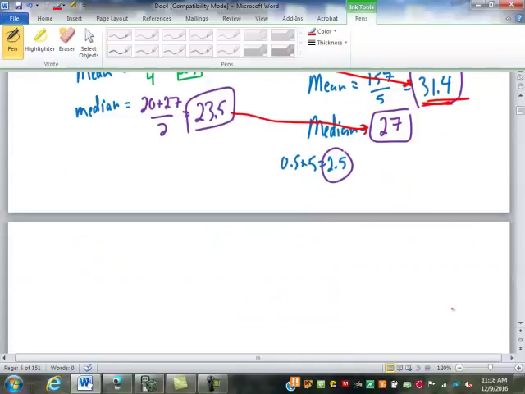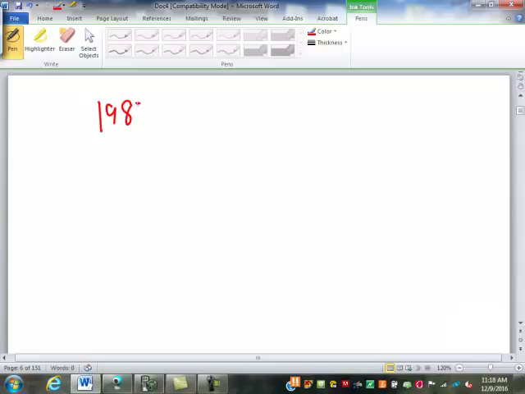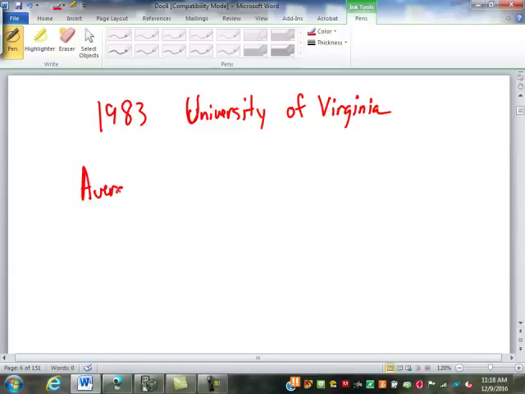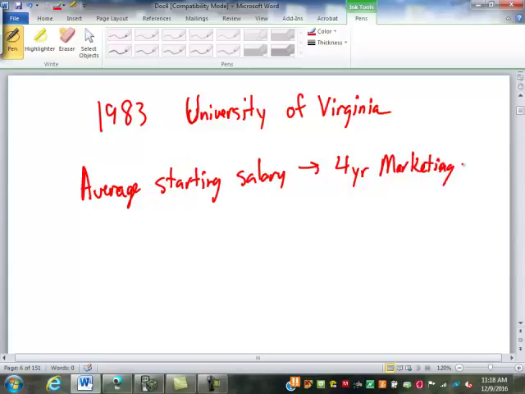I'll show you an example. In 1983, University of Virginia published that the average, and that's the term they used, average starting salary for a 4-year bachelor's degree in marketing that year was just over $78,000.